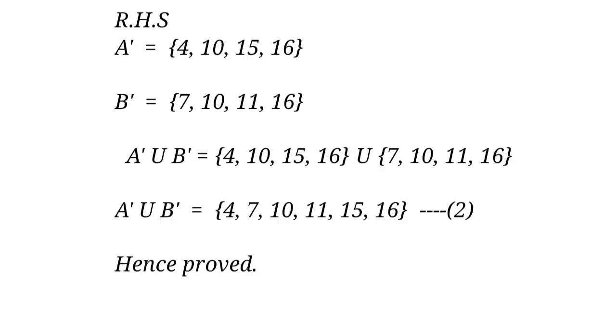Then B' = universal set minus B. Then B' = {4, 7, 8, 10, 11, 12, 15, 16} minus {4, 8, 12, 15}.